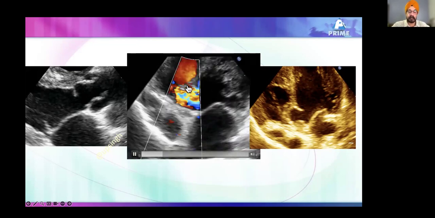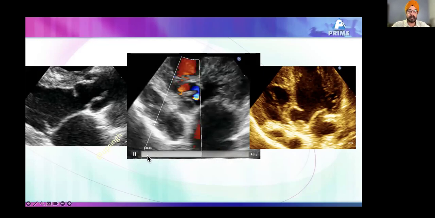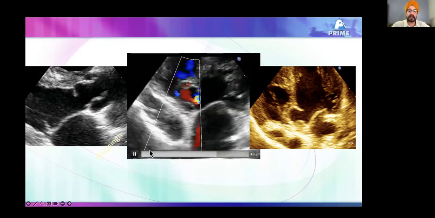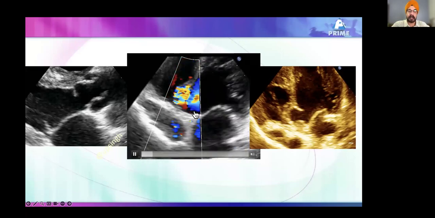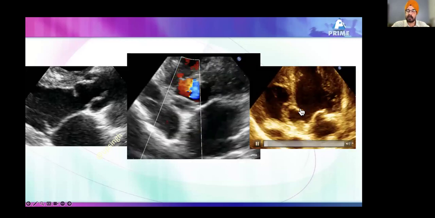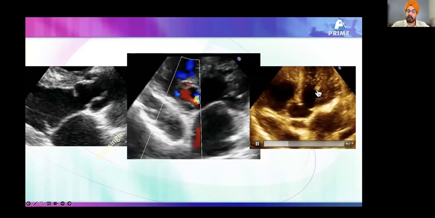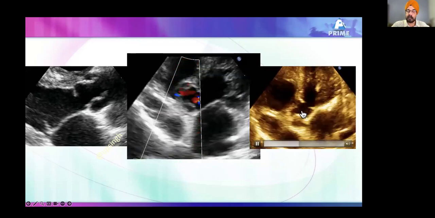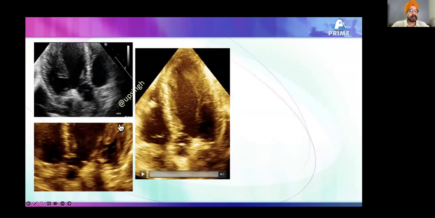This kind of aneurysm is commonly seen in perimembranous VSDs closed by the septal tricuspid leaflet. But in this case, I suspect the jet is actually hitting this area and making it balloon out. And this is what you can see. It is ballooning in systole, and this is happening because of the subaortic membrane. So that was another case.